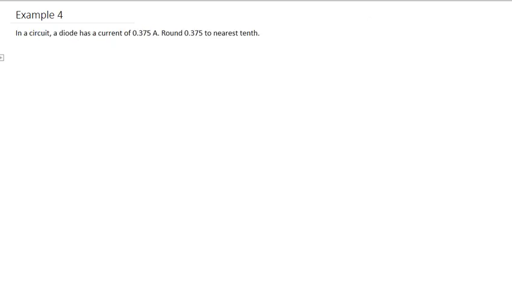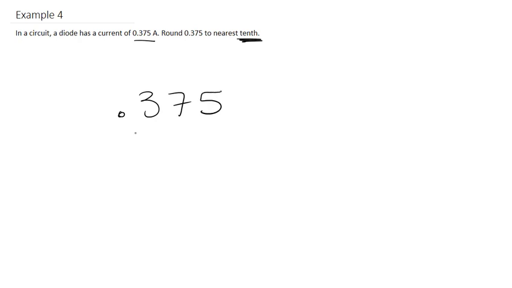Example 4. In a circuit, a diode has a current of 0.375 amps. Round 0.375 to the nearest tenth. So let's go ahead and rewrite this. Now, this period, and then this is our tenths spot.